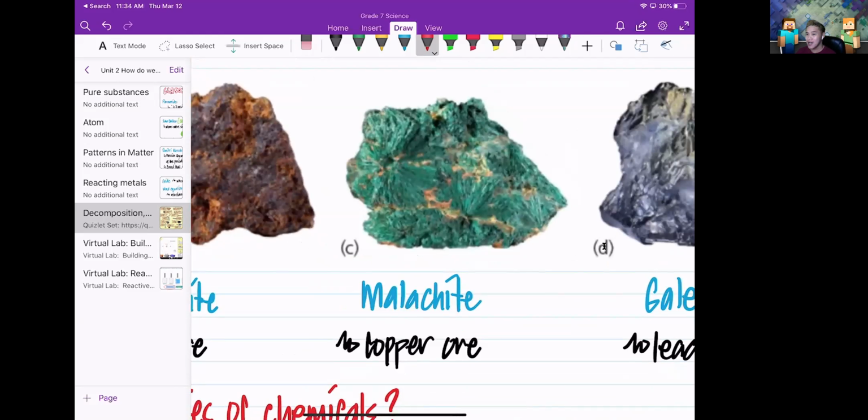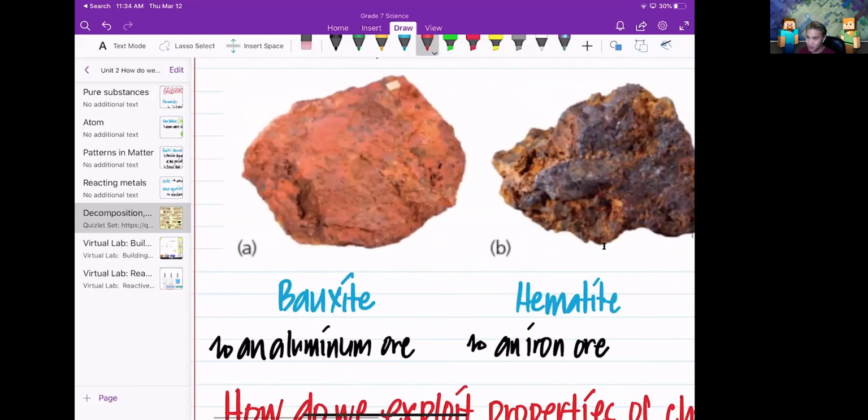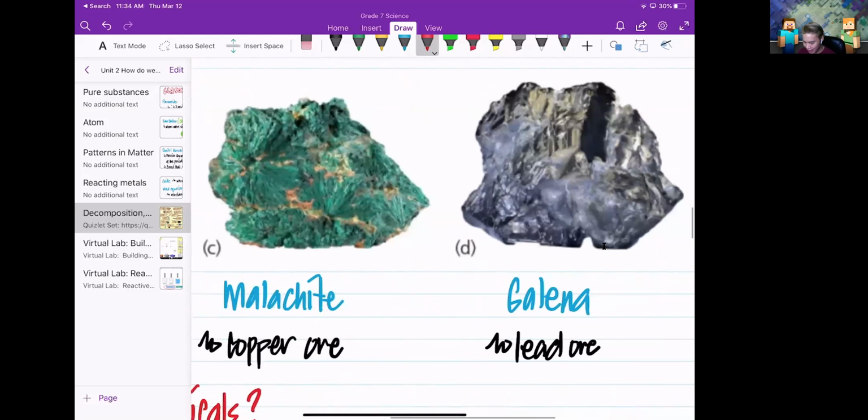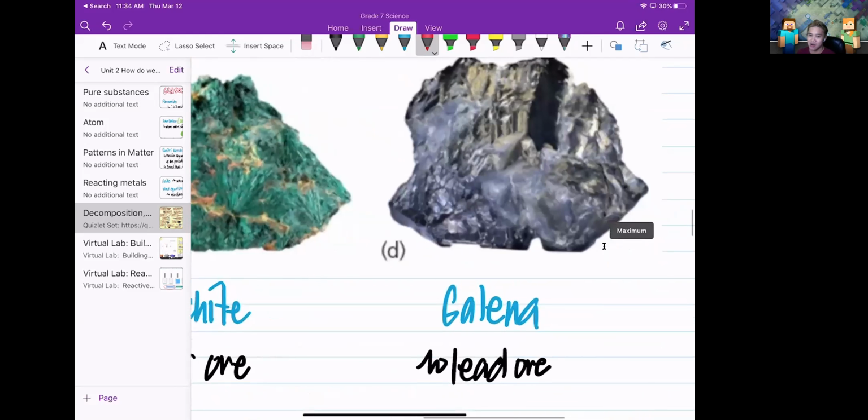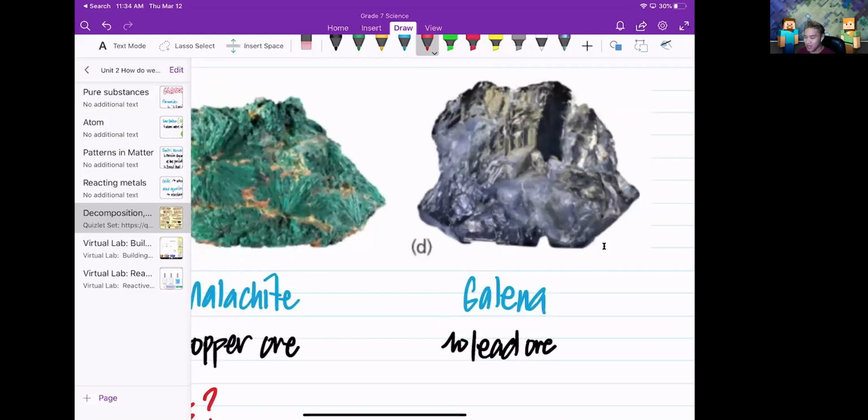So again, ores are used to extract metals. We extract copper, we extract iron, we extract aluminum from these ores. And lastly, we also have the galena, which is where we extract lead. It's a bluish gray or black mineral of metallic appearance, and it consists of lead sulfide.